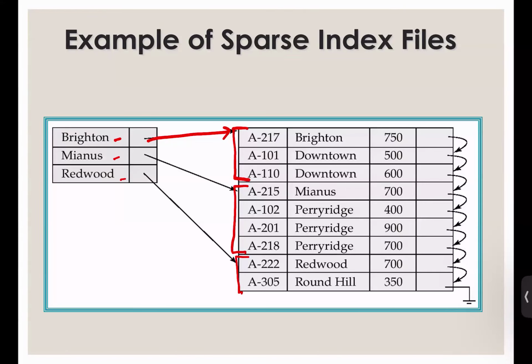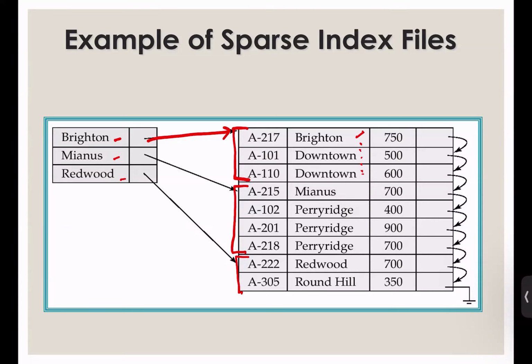But if it is not clustered, it would not be cool to do sparse index. You cannot do that. We can do sparse here because we know that if we want to find downtown, it is between Brighton and Minus. So we just go to Brighton and then search down and finally we get to downtown.